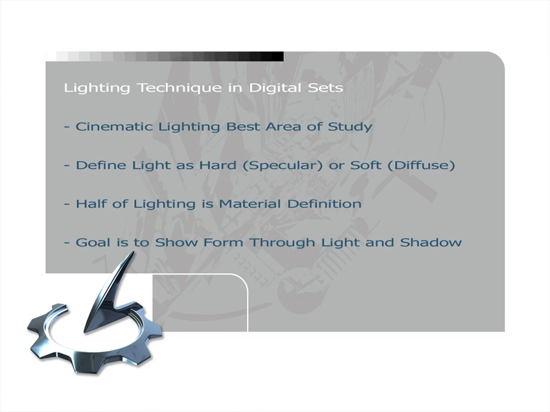So lighting in film is the art of the director of photography. The DP is responsible for the look and feel of the lighting, quality and mood set in the film. And from some workshops that I've taken with some DPs, I've found that their basic approach to this is that light is there to be modulated or molded into one of two expressions, either as hard specular light or soft diffuse light.